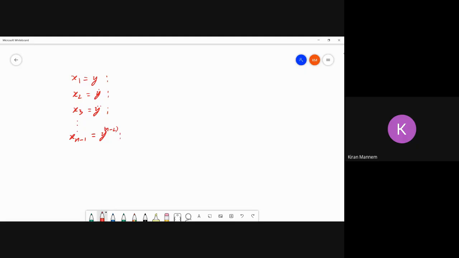I think you know the meaning of y to the power of n minus 2. This is n minus 2 differentiation of the output variable.